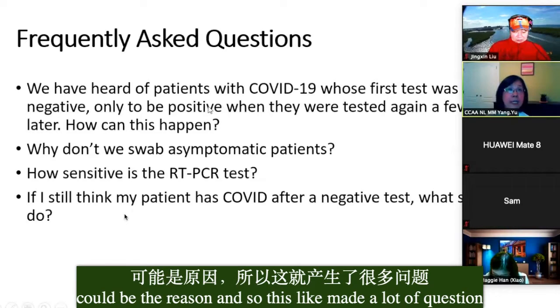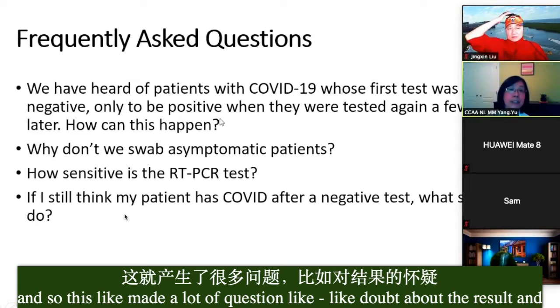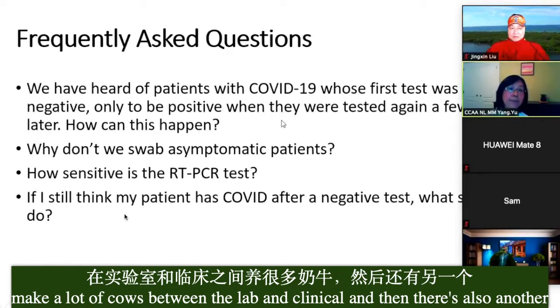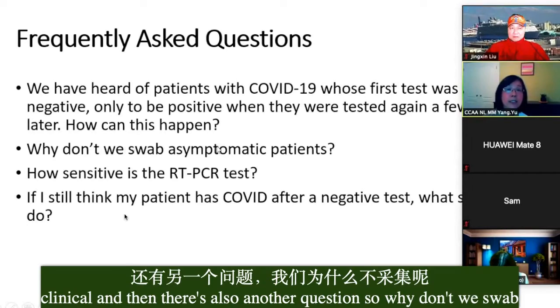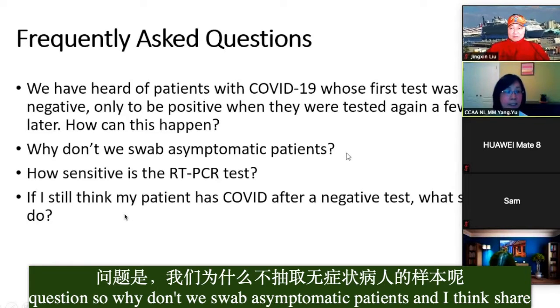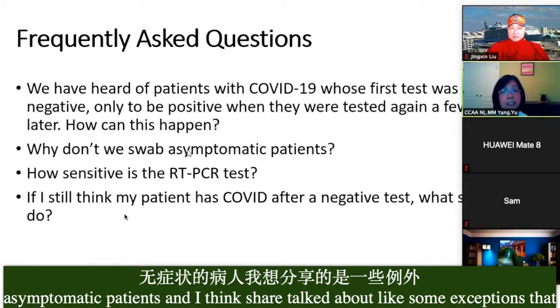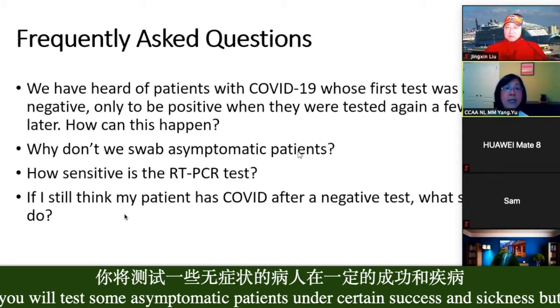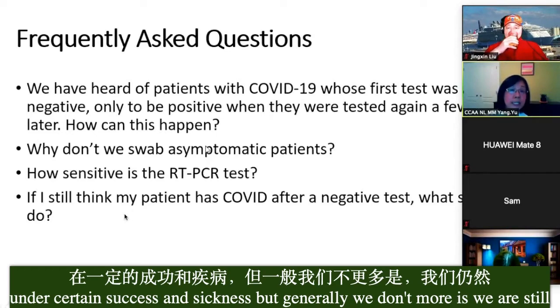This made a lot of people doubt the result and made a lot of calls between the lab and the clinical side. Then there's another question: why don't we swab asymptomatic patients? I think Xie talked about some exceptions where you will test some asymptomatic patients under certain circumstances, but generally we don't.